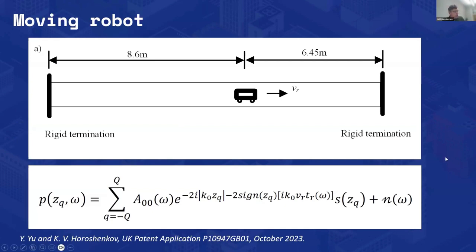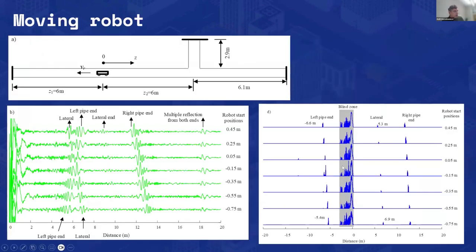That's quite useful because not only does it allow measurements to be done on the move, but it also allows us to separate reflections coming from the front of the robot from the reflections coming from the back of the robot. It also improves the quality of the analysis, in terms of identifying what it is that reflects the sound, whether it's a pipe end or lateral connection, whether it's in front of the robot or at the back of the robot.